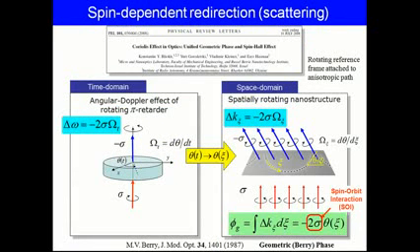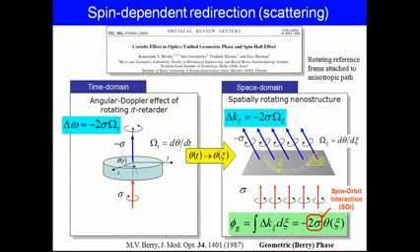We can understand it by analogy with the angular Doppler effect of a rotating half-wave retarder. For example, illuminating a circularly polarized state of light onto a rotating half-wave retarder results in a frequency shift proportional to omega_t, where omega_t is the rotation rate of the retarder in the time domain. In order to analyze a rotating nanostructure, we can think about a rotating reference frame attached to the anisotropic path.